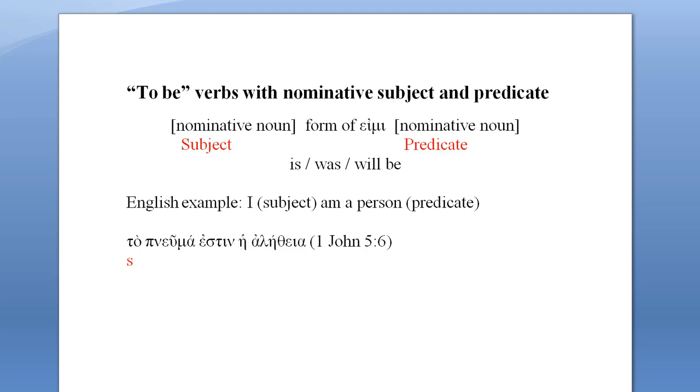We need a nominative subject. So to pneuma is our subject. And then we need a nominative predicate, and that is aletheia. This means the Spirit is the truth, from 1 John 5:6. What we note here, though, is we have a nominative, a form of eimi, and then another nominative, which is our predicate.